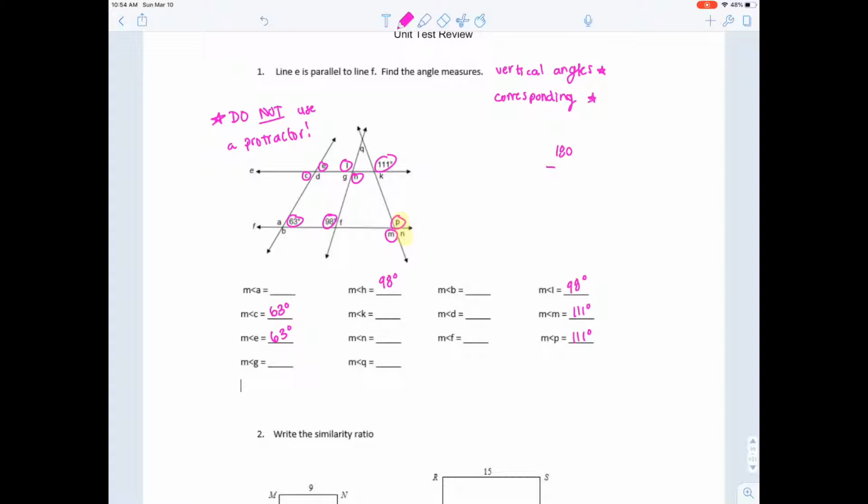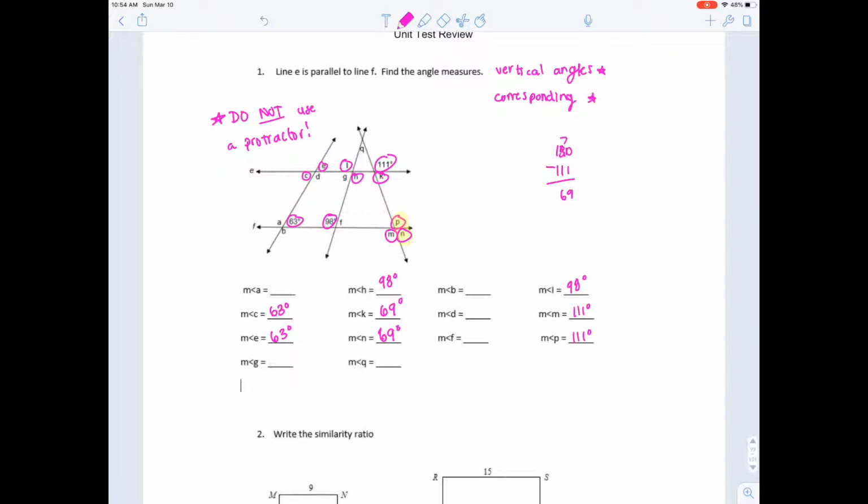So if I subtract P from 180, let's go ahead and do some quick math here. So I know that angle N is 69 degrees. Now what's nice about this, now that I have this, I actually have angle K. Angle K is corresponding to angle N, so angle K is also 69 degrees.